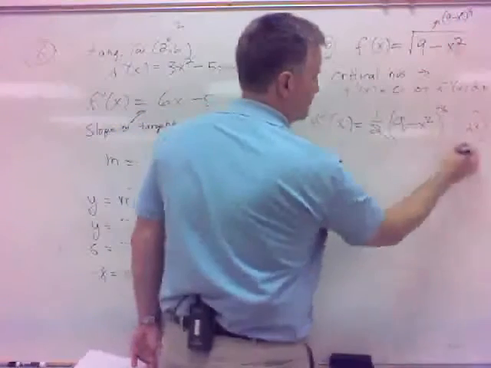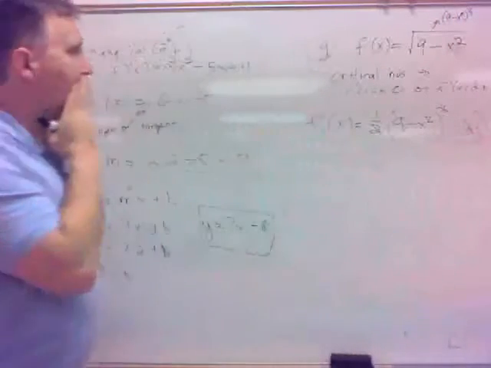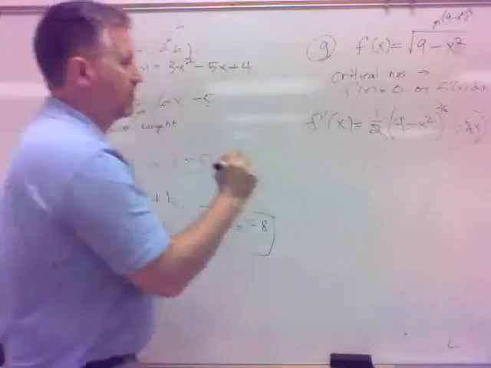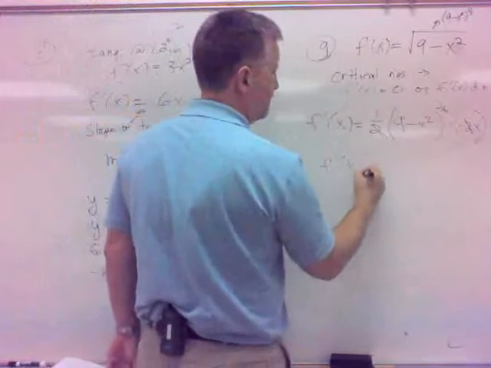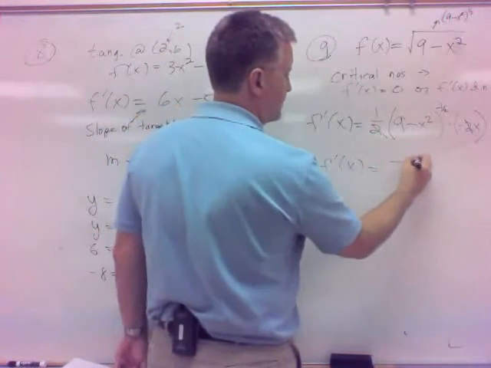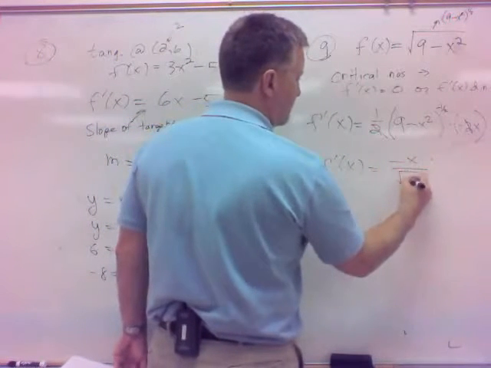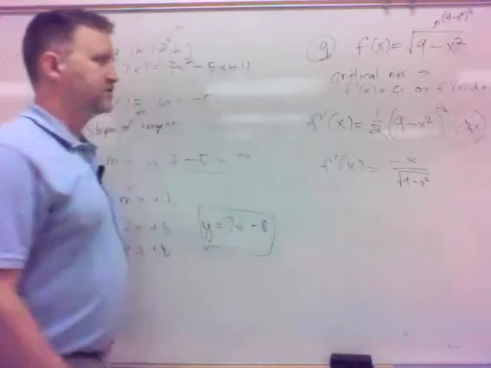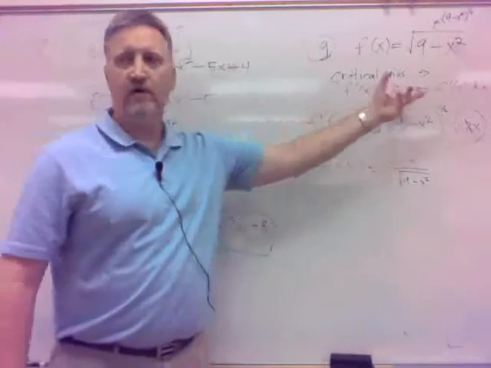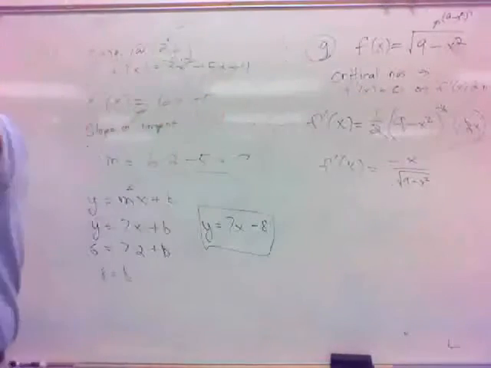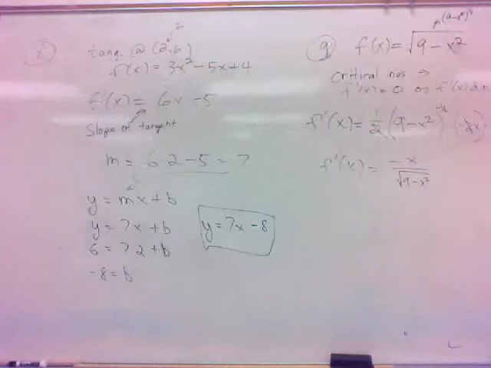Which, that's nice, the 2's will cancel. So f prime would be minus x over the square root of 9 minus x squared. The negative power just flips it over, makes it a square root on the bottom. Right?